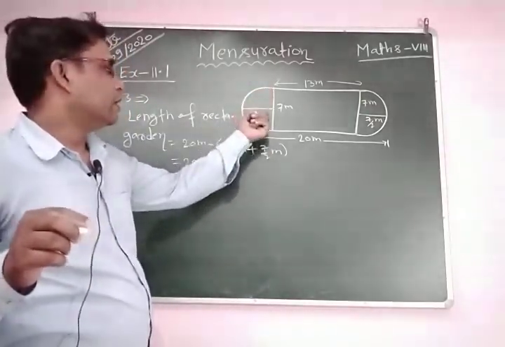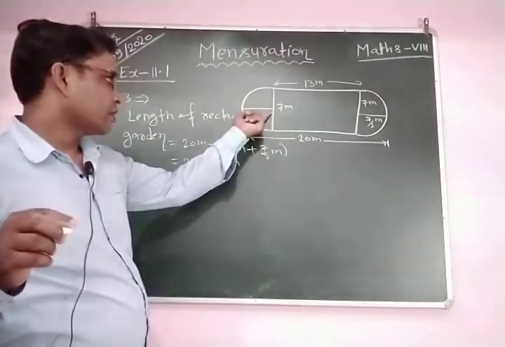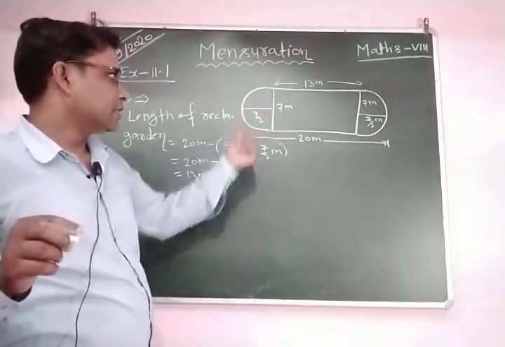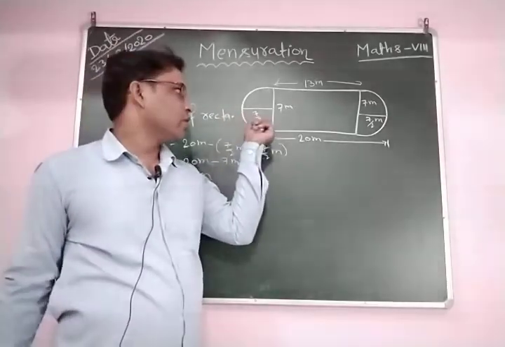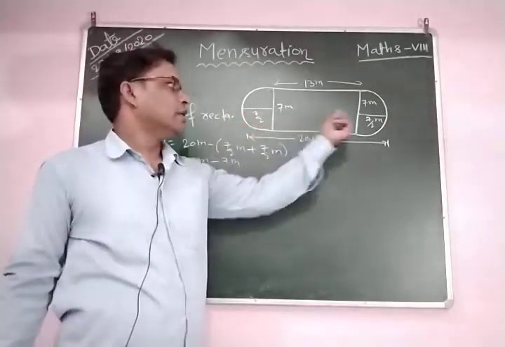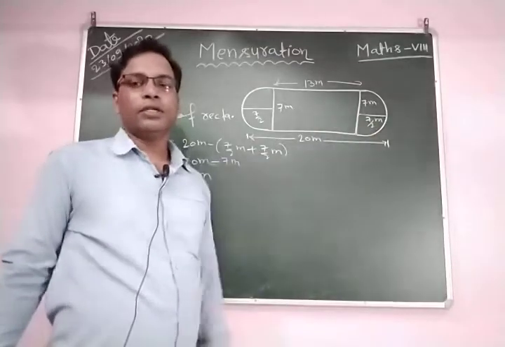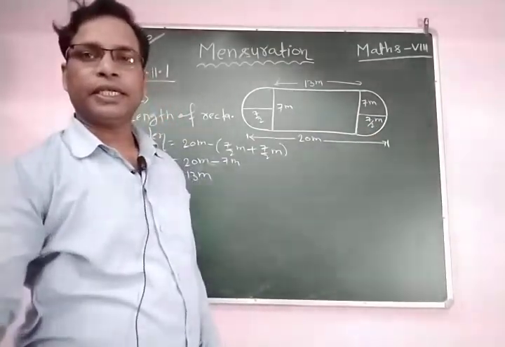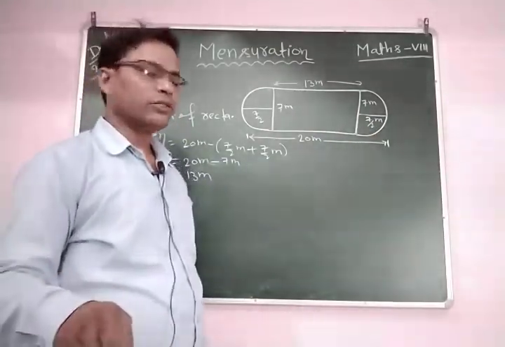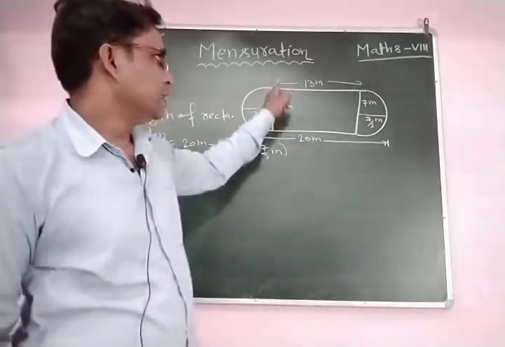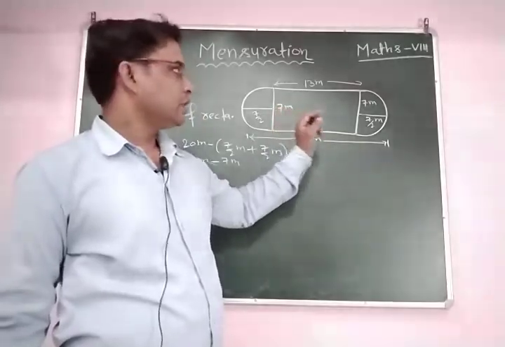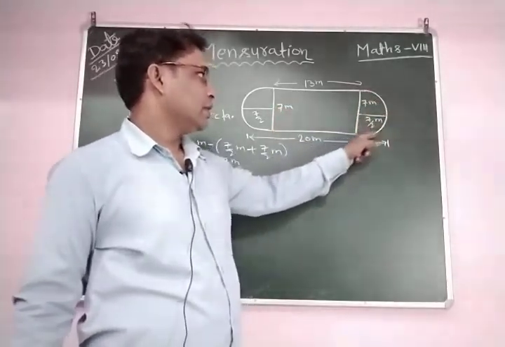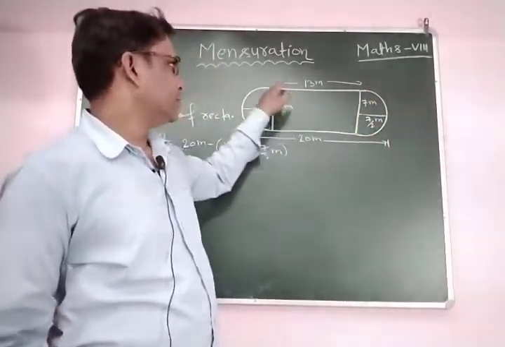Now after this, the breadth of the garden here is 7 meter, given, and the radius of the circular garden is 7 by 2 meters. Here you need to find the perimeter and area of this garden. For the perimeter, you can see this is 13 and this is 13, 26 meters, and this portion is semicircular and this is semicircular.